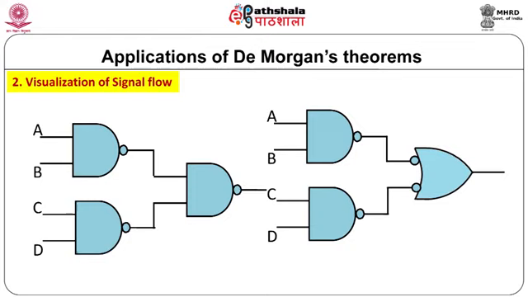So, in place of NAND gate, we will draw a bubbled OR gate. So, thus it indicates the output Y of the bubbled OR gate is 1 if either A or B is 0 or D or C is 0.